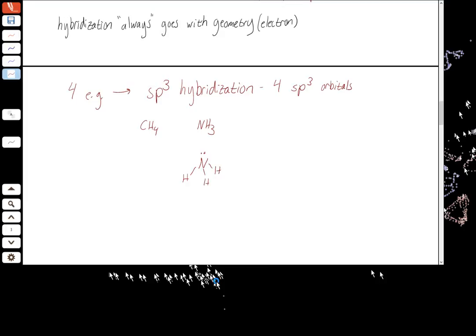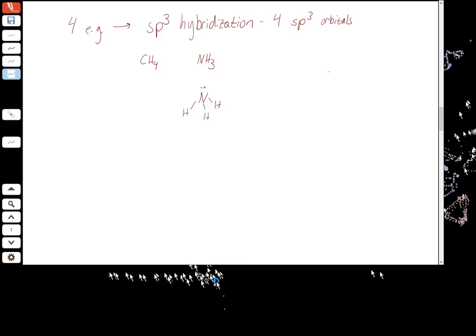Again, 4 hybrid orbitals, 3 of them to bond with the hydrogens, and 1 to contain the lone pair. Water, another example: 4 electron groups, 4 hybrid orbitals. These are all examples of molecules that we would say, using this theory, have sp3 hybridization.